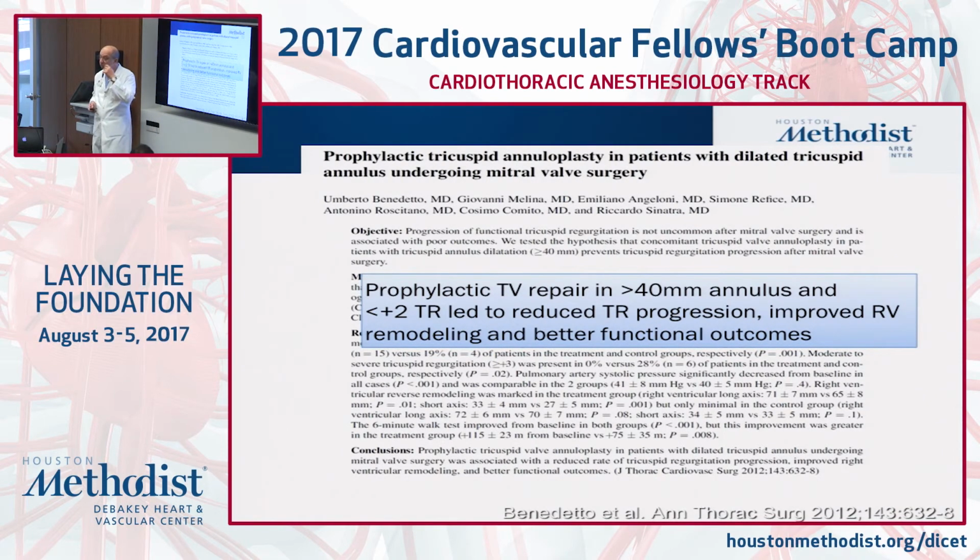You can have a patient who comes to you for left-sided valve surgery, and they've got a dilated annulus, but the tricuspid regurgitation itself is mild. Even they meet an indication for repair, which is reflected in the guidelines, and leads to reduced TR progression, improved RV remodeling, and better functional outcomes.